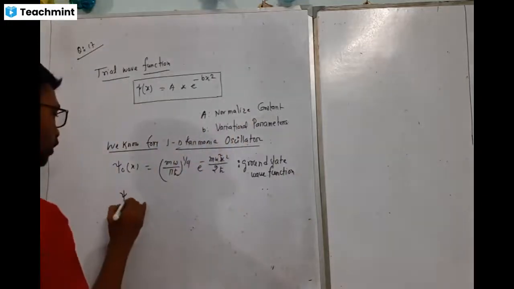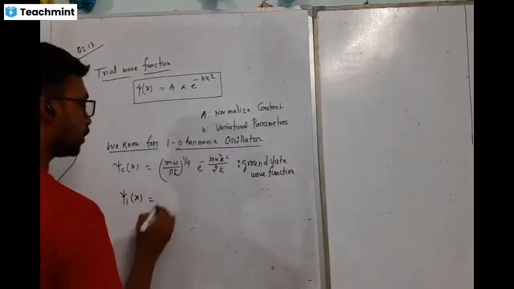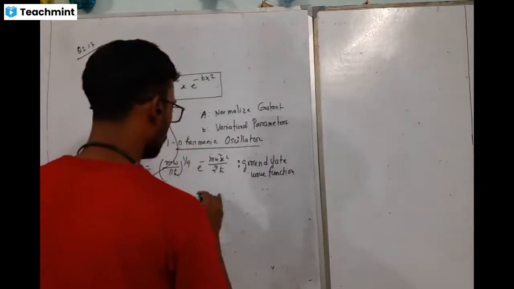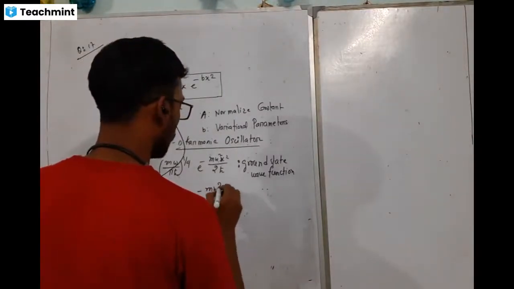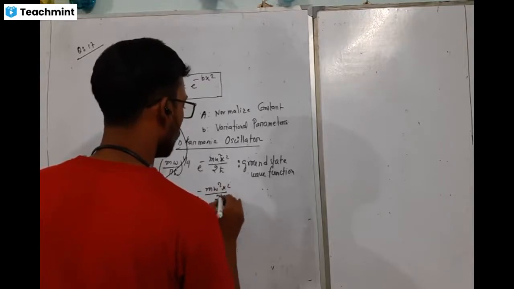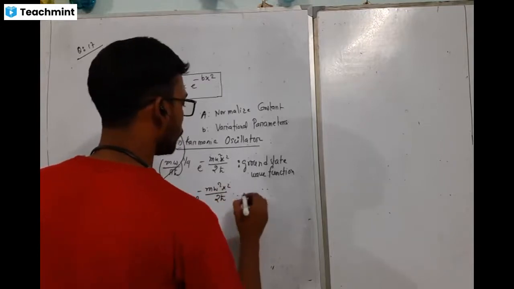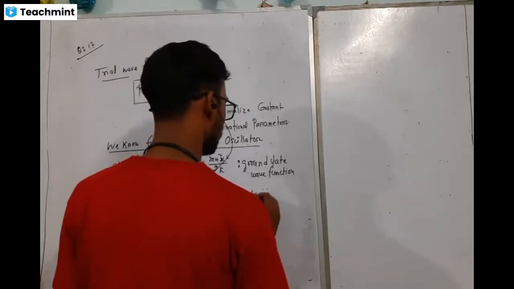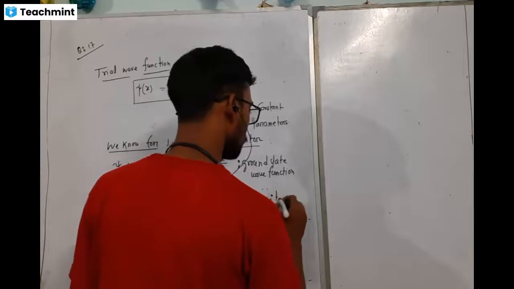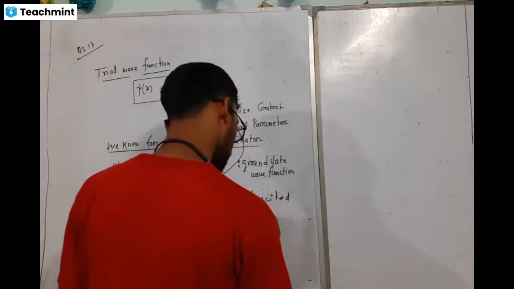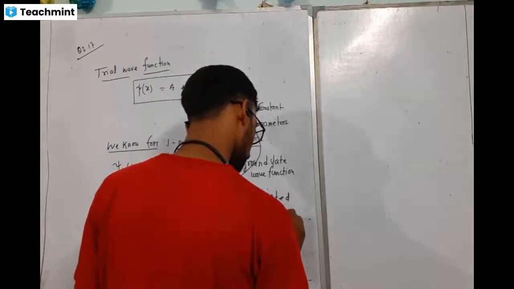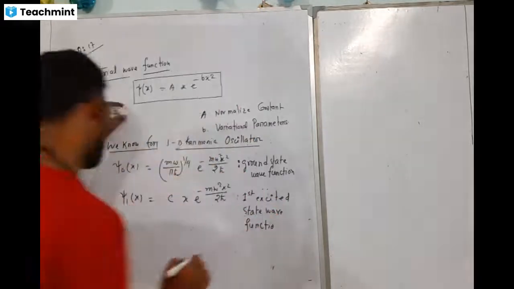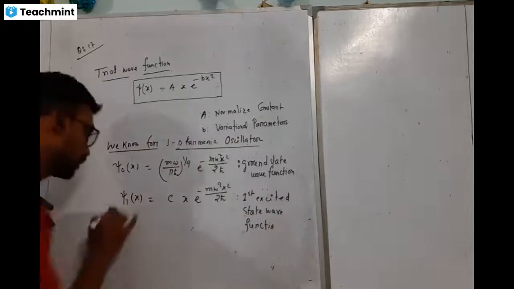Next, the first excited state wave function is nothing but some constant times x e to the power minus m omega x square upon 2 h cut. This is the first excited state wave function.